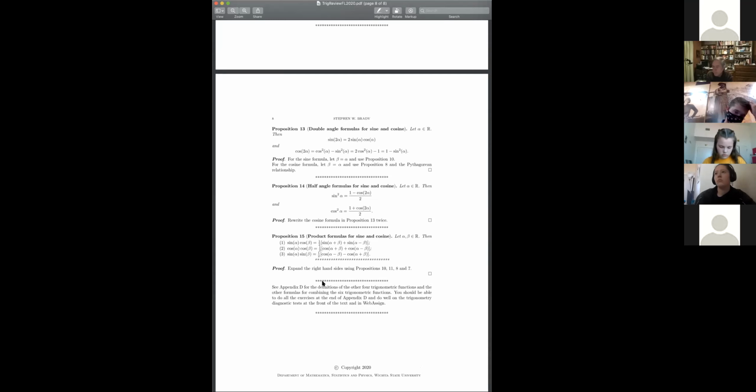That doesn't mean you work every problem in the appendix. I said you need to know how to work every problem in the appendix. So what I want you to do is go to the appendix. It's Appendix D, I think it's A24 in the appendix, and look at the exercises. Those exercises we need to know how to do because they come up in calculus every once in a while.